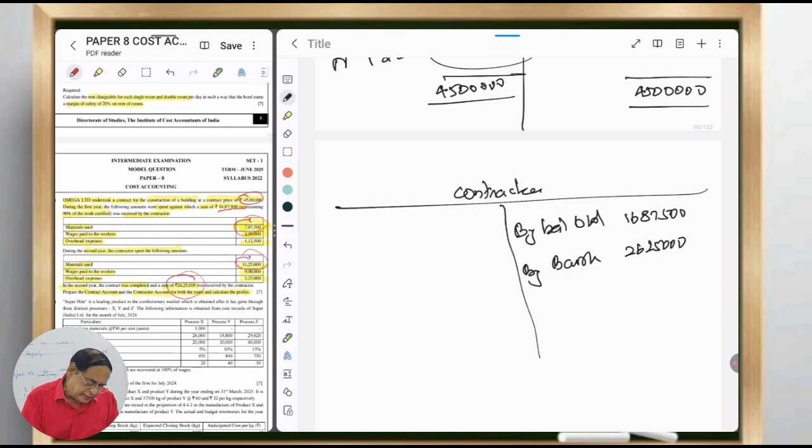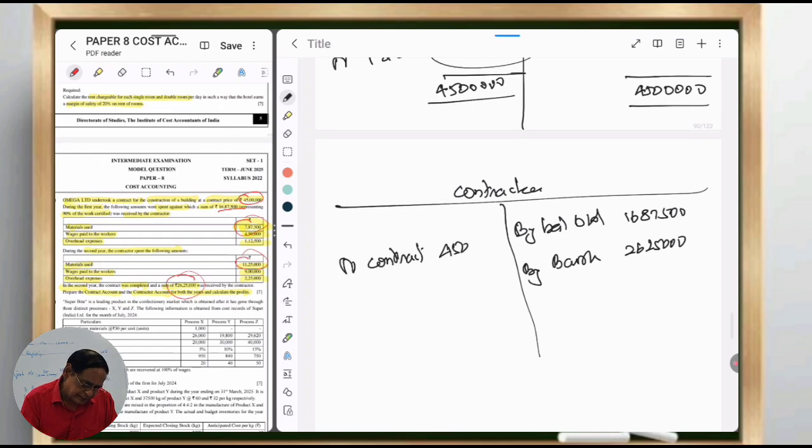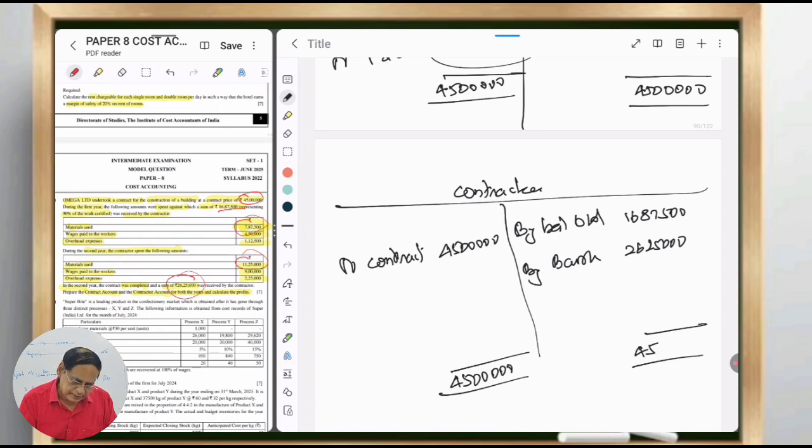So contractee account debit to contract. What is the contract price? 45 lakhs. So if we balance, what will be the balance? We have yet to receive. So 45 lakhs minus 16 lakhs 87,500 minus 26 lakhs 25,000.